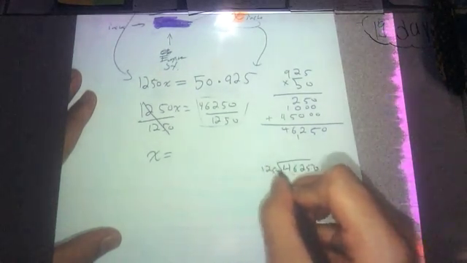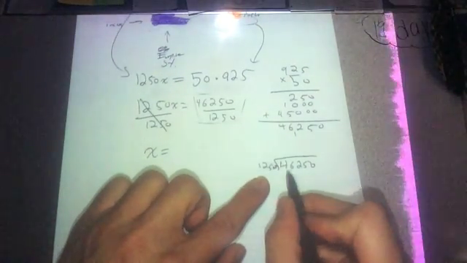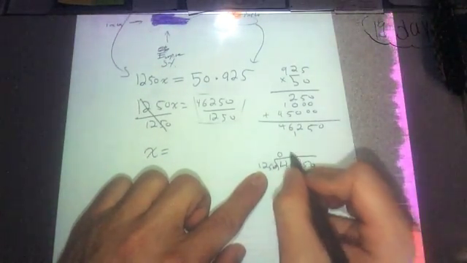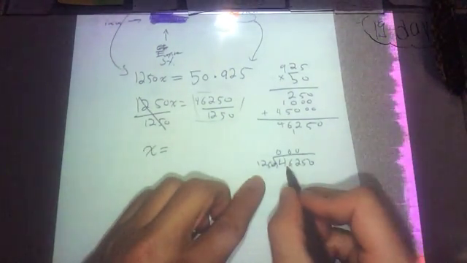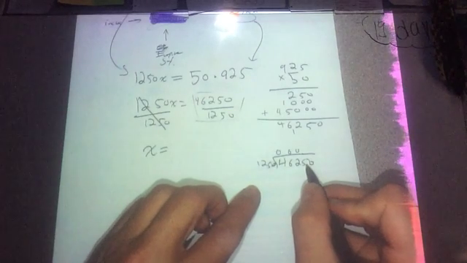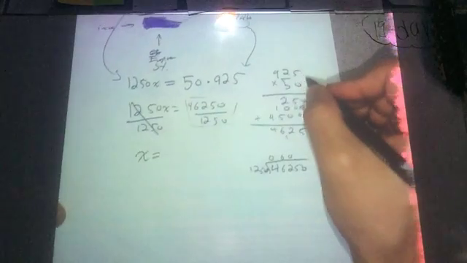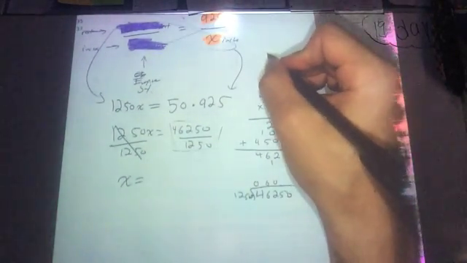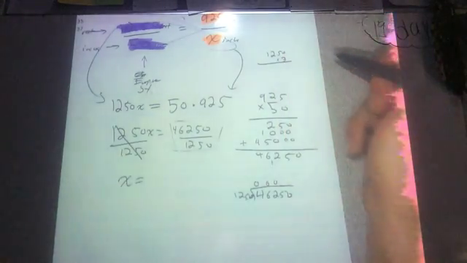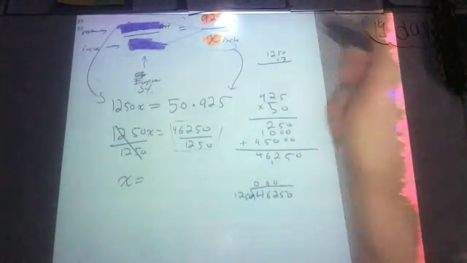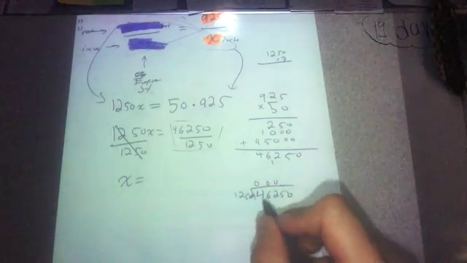Okay, so 1250 doesn't go into 4, it doesn't go into 46, doesn't go into 462, but it is going to go into 4,625. I think that's going to be 3 times. I'll just check to make sure. Let's see, 3 times 1250 is going to be 2,500 and then 3750.